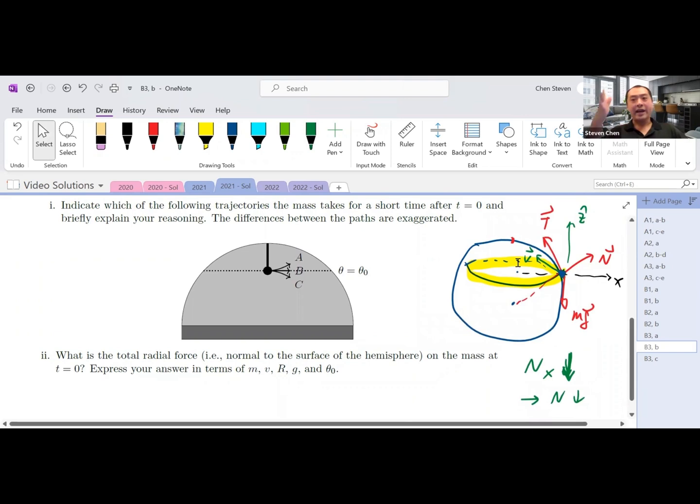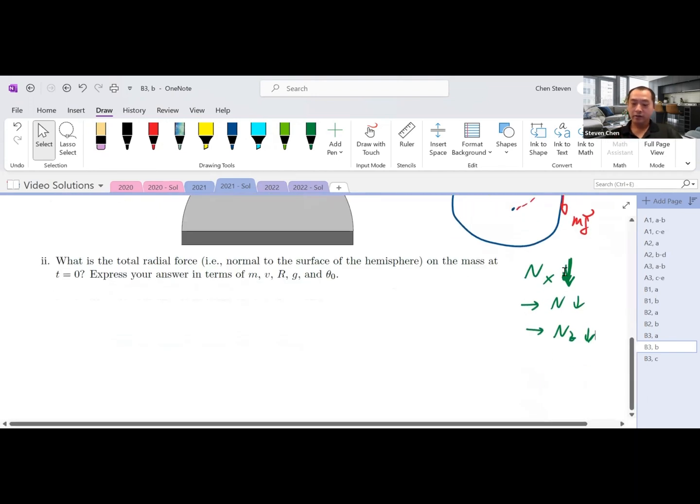And now let's look at the z component net force. Because the z component of the tension and the gravitational forces are unchanged, but the z component of the normal force decreases, the z component net force becomes negative, right?